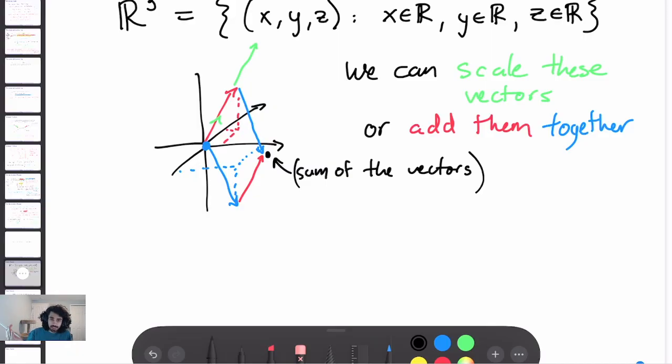And if you had a very good physics teacher, they probably mentioned that even though R3 is the thing that makes sense for describing the space around us, mathematically there's no reason to stop, right? Adding things together is a very simple operation. You just do it component-wise.